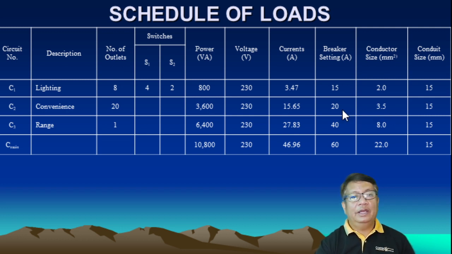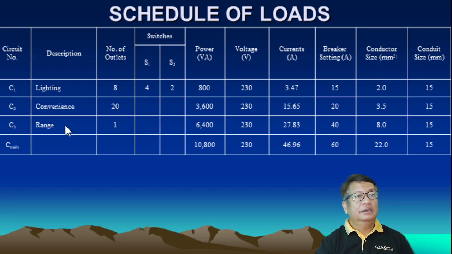So for example, if your current here is only 10, you still have to use the smallest breaker setting for the convenience outlet, which is 20. So that's it, no?